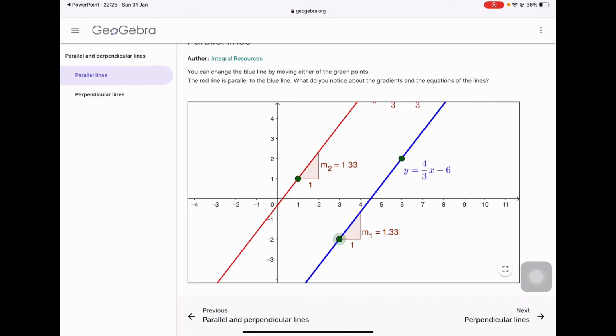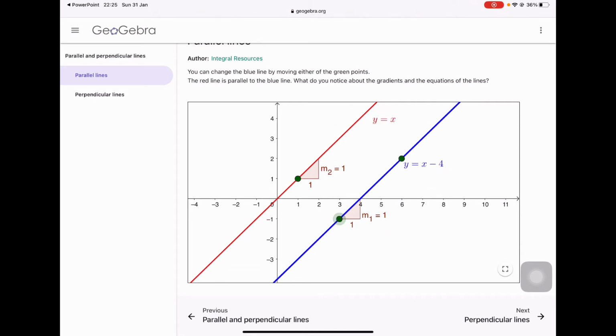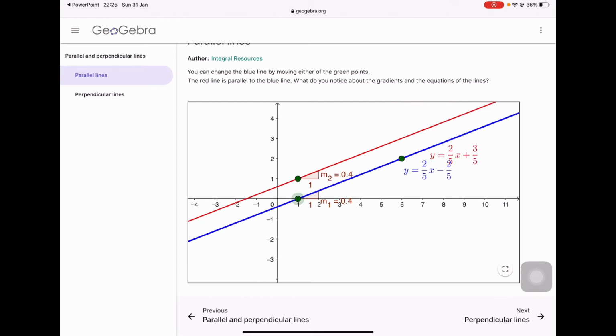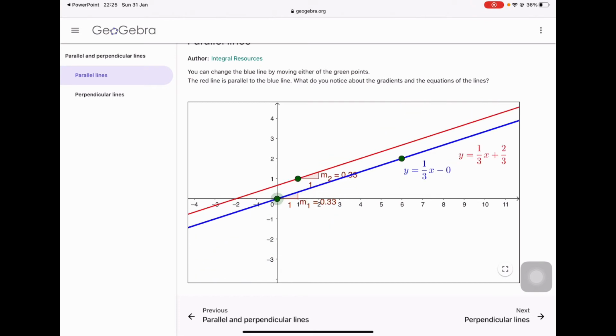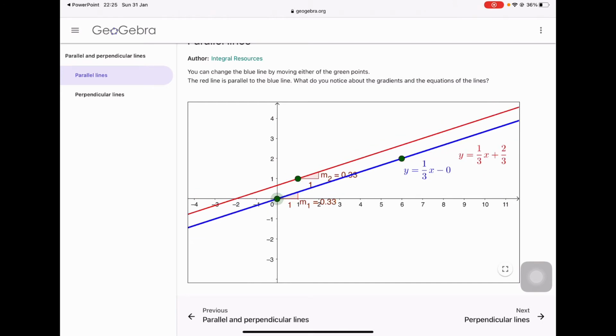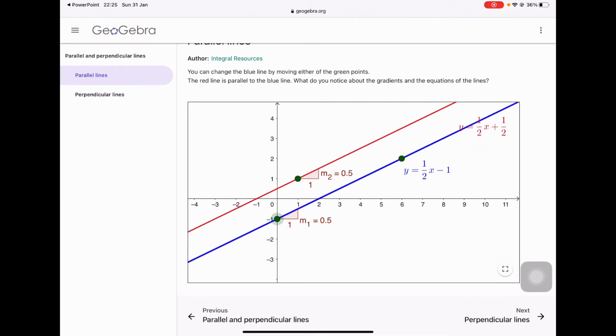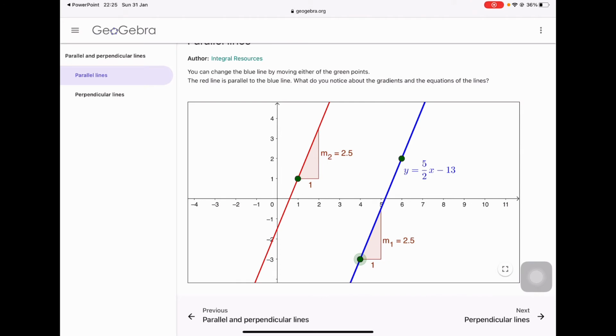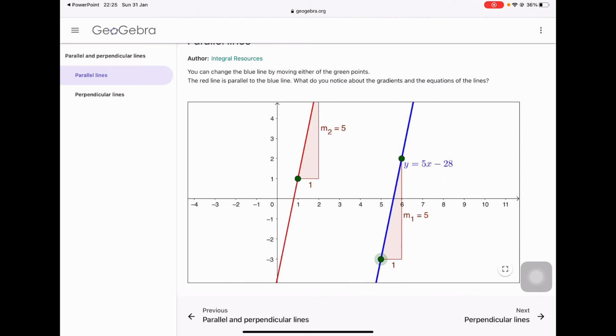As you can see, the one thing which they have in common is they both have the same gradient. All parallel lines have the same gradient. Now look, I'm decreasing the gradient, and so the line is becoming less steep. But interestingly, the lower the gradient, the closer the two lines are to one another. If I increase the gradient, then the lines are also further apart. So that's a useful thing to bear in mind.